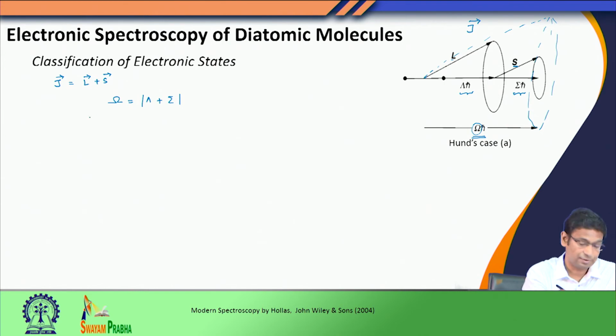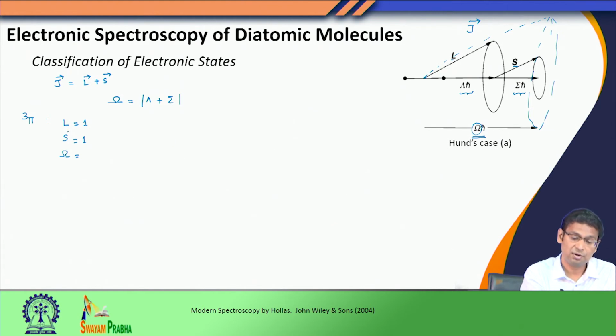When we have such a situation, let us consider one example, that is triplet pi. In this case, L is 1, that is why we have a pi state, and S is 1, that is why we have triplet pi. Therefore, what are the possible values of sigma?